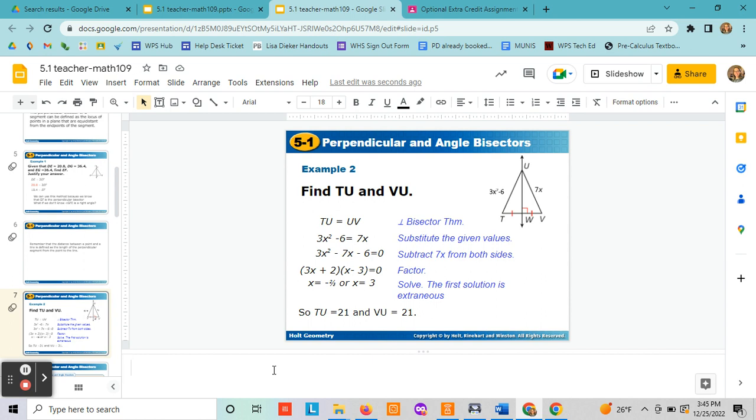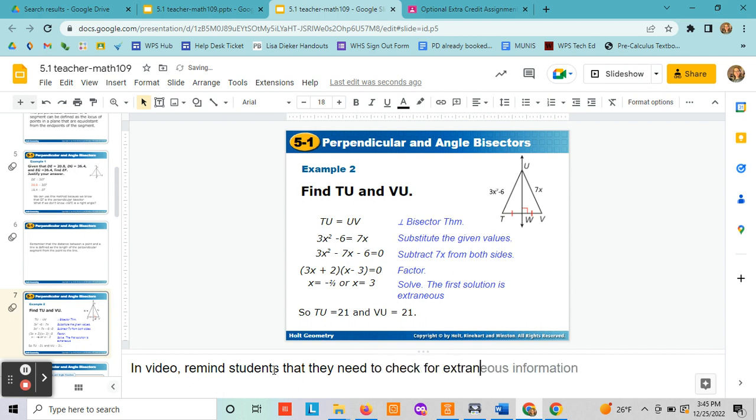There's just going to be one value for the length of TU and VU. So again, I'm going to put that note in my speaker notes. In video, remind students that you need to check for extraneous solutions and to be careful in factoring.